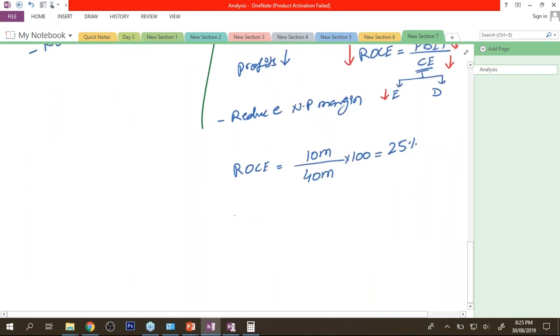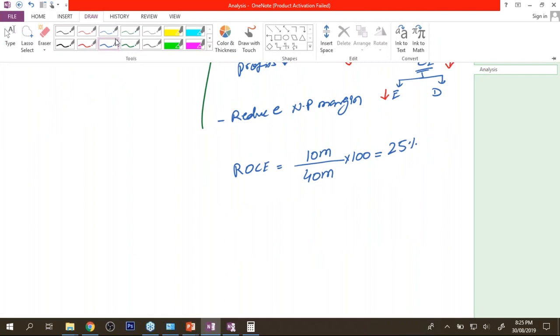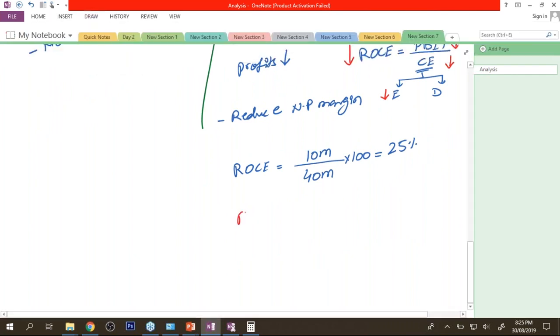Now let's suppose that we have a loss of 5 million. So 10 million minus 5 million divided by 40 million minus 5 million. Both will be reduced. So it will be 5 million divided by 35 million into 100.